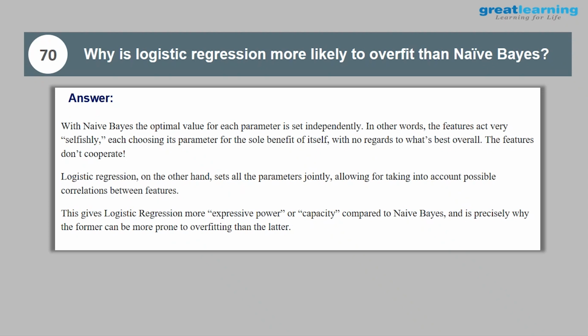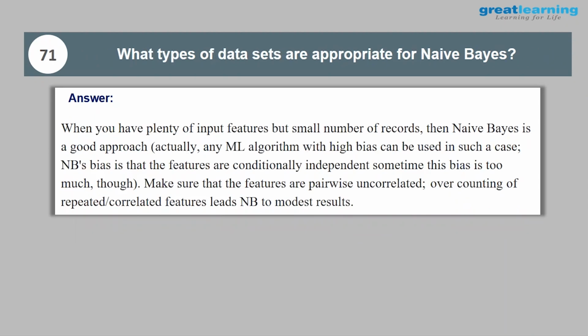The features don't cooperate. Logistic regression, on the other hand, sets all the parameters jointly, allowing for taking into account possible correlation between features. This gives logistic regression more expressive power or capacity compared to naive Bayes, and is precisely why the former can be more prone to overfitting than the latter.